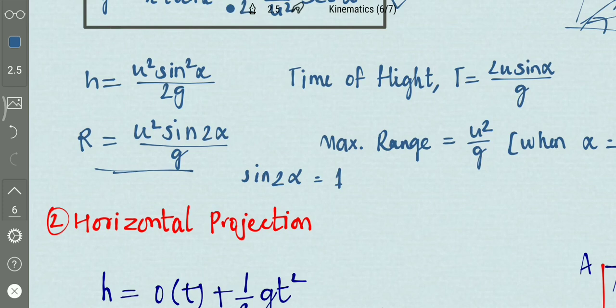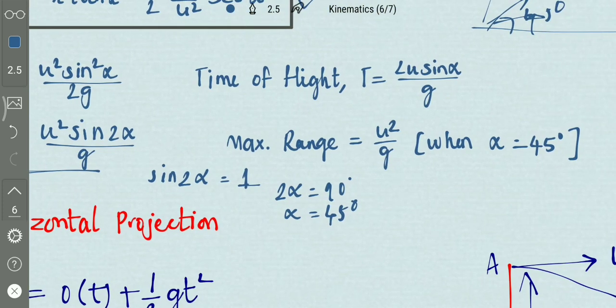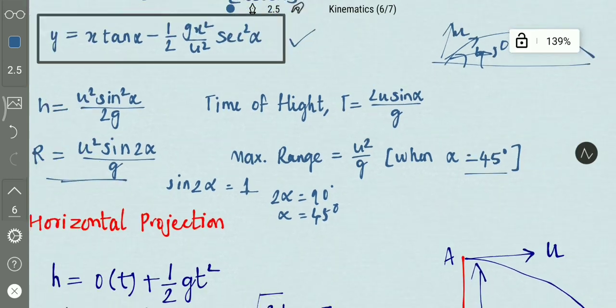The maximum value of sin is 1, and sin 90 is 1. So 2 alpha is equal to 90 degrees and alpha is equal to 45 degrees. So the maximum range will be u square by g when alpha is 45 degrees.